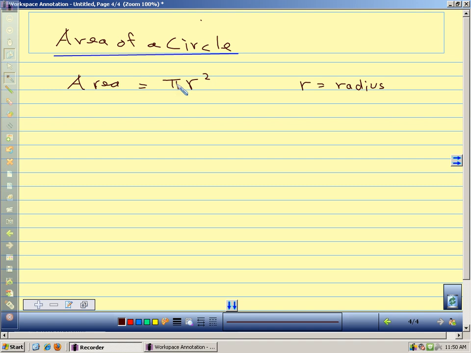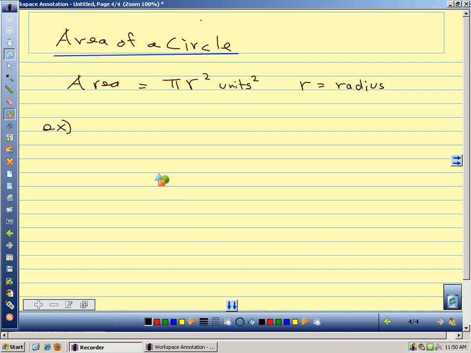And our units for area are going to be units squared. Area is always going to be in square units. Inches squared, centimeters squared, meters squared, some kind of square unit. So let's look at a quick example of calculating area, and that'll be our formulas for today.